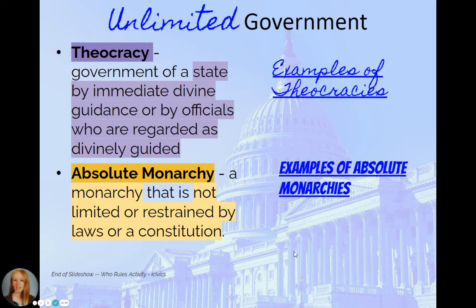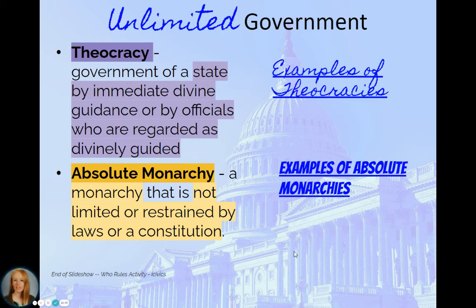So think about if there's a person that is either A, the head of the church, or B, there's a king and somebody that is the head of a church, such as a pope, a cardinal, or a lead bishop, some high-ranking official of the country's official religion, and those two people as an oligarchy are ruling together, or the king makes decisions but has to get a secondary approval from the head of the church in order to get laws approved. Those could be examples of a theocracy.